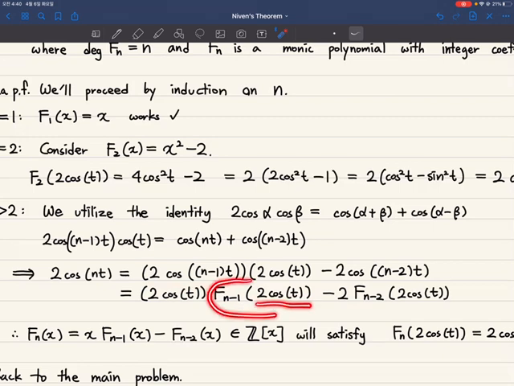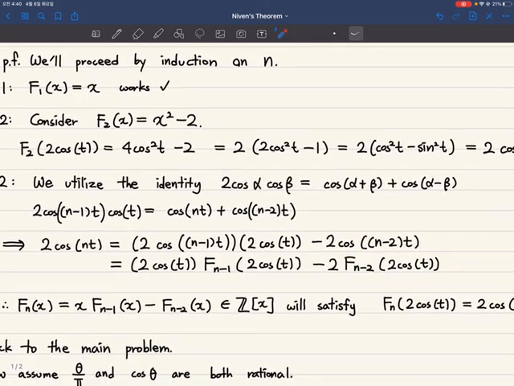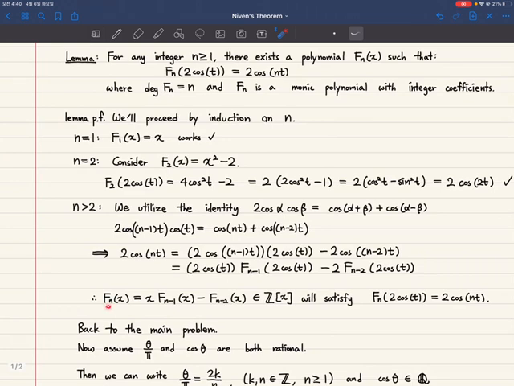We can equate this with this one, because such a polynomial exists by our induction hypothesis. And a similar thing can be done here with f of n minus 2. So what we get is that if we set fn of x as x times f of n minus 1 of x minus f of n minus 2 of x, then it will satisfy our equation: fn of 2 cosine t equals 2 times cosine nt.